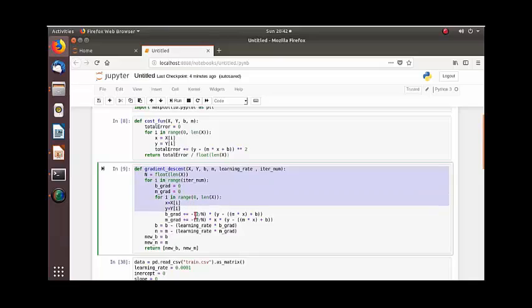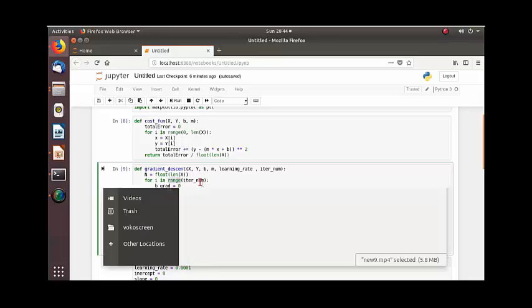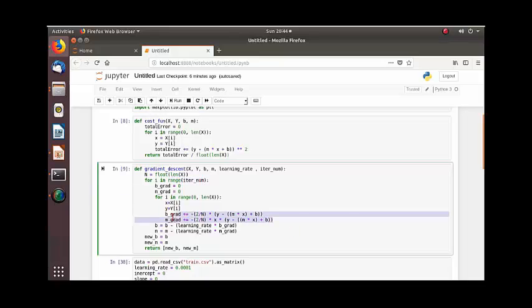So this is our main gradient descent function. If you remember, these two equations are the same as we studied in the last slide.